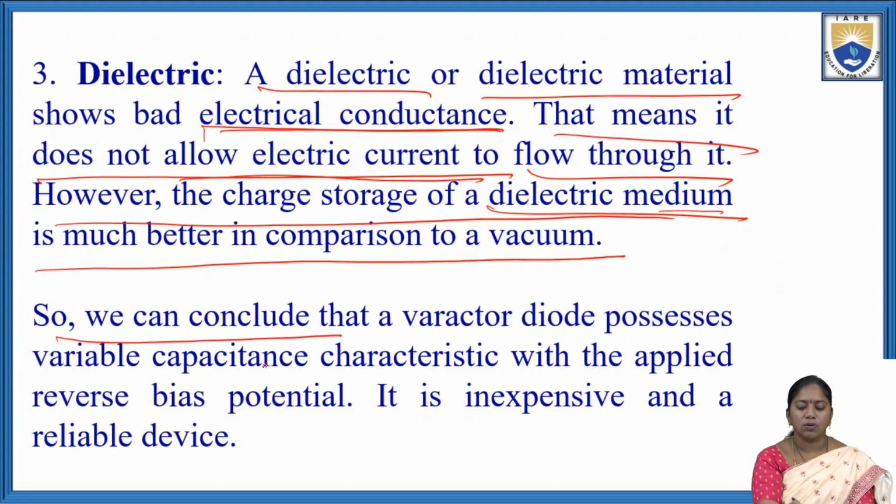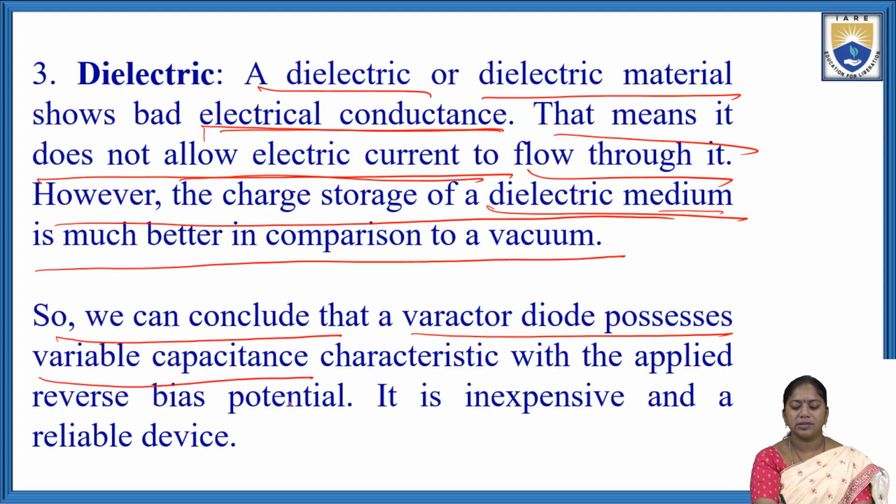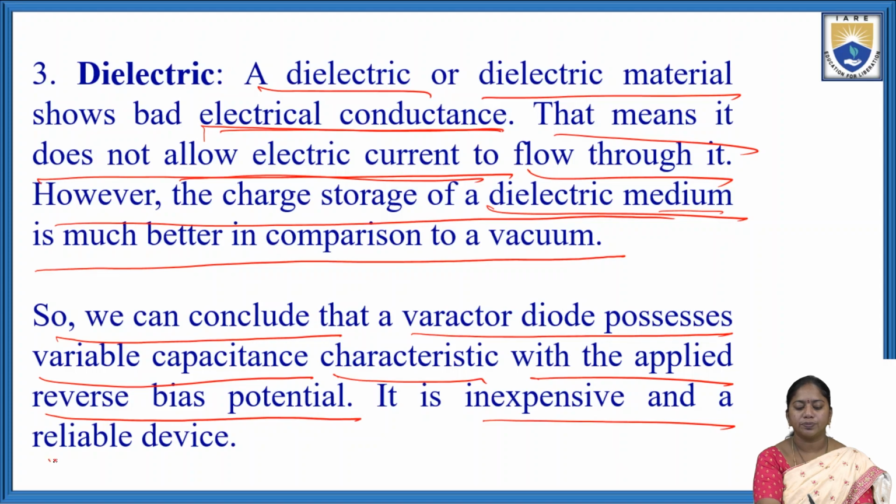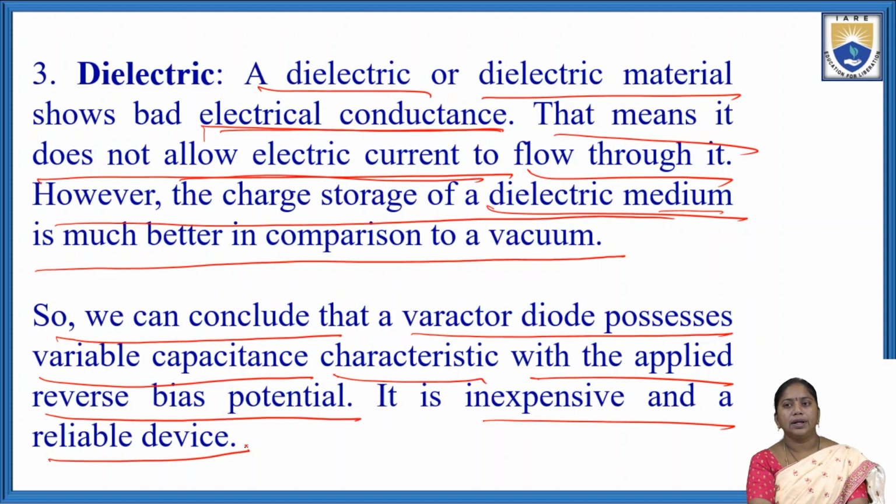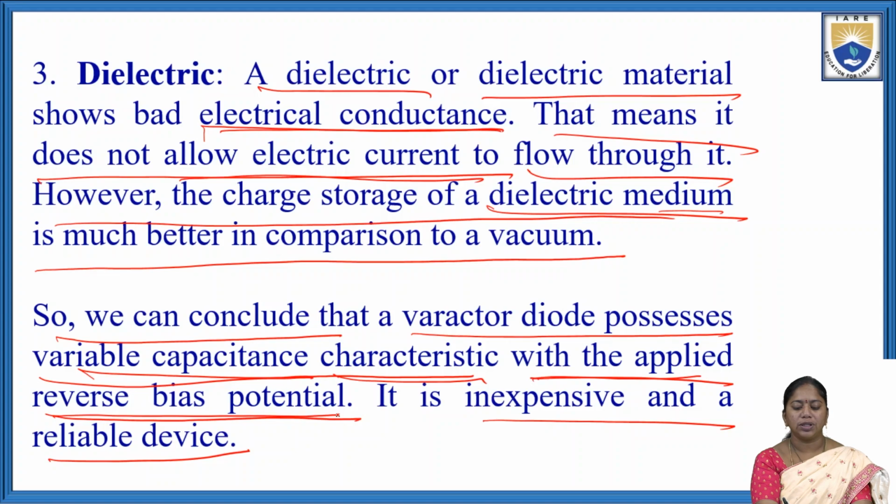So we can conclude that a varactor diode possesses variable capacitance characteristics with the applied reverse bias potential.